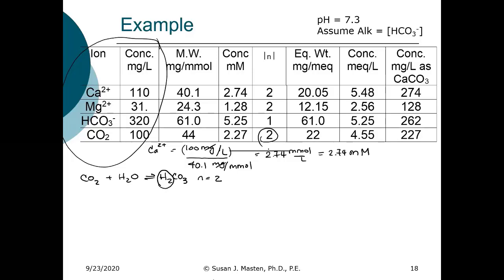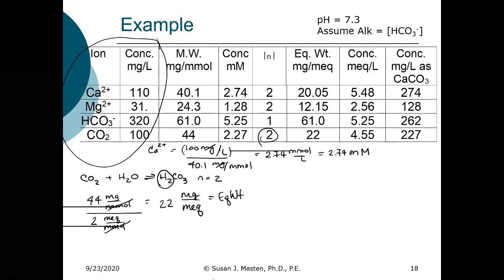So now we can calculate the equivalent weight. Let's use CO2. We have a molecular weight of 44 milligrams per millimole. We divide that by 2 milliequivalents per millimole. Millimoles cancel, and that is 22 milligrams per milliequivalent. That is the equivalent weight of CO2.